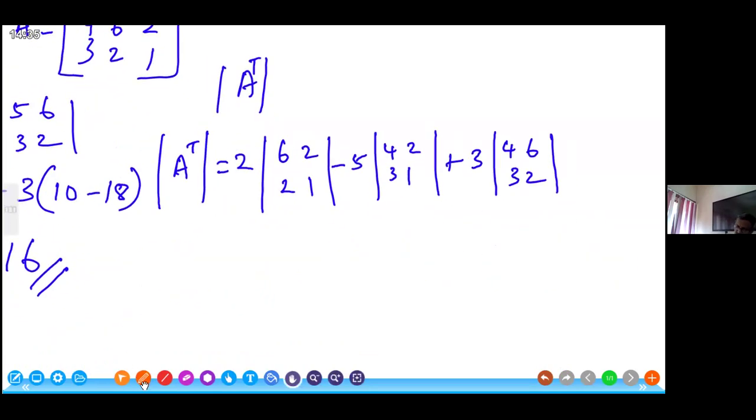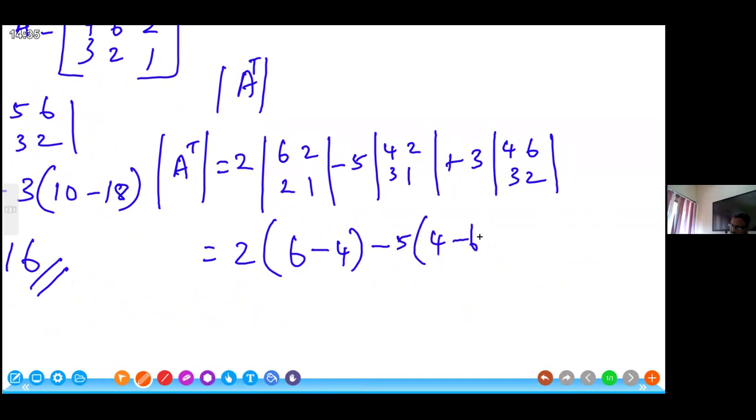That is equal to 2 into 6 minus 4, minus 5 into 4 minus 6, plus 3 into 8 minus 18.